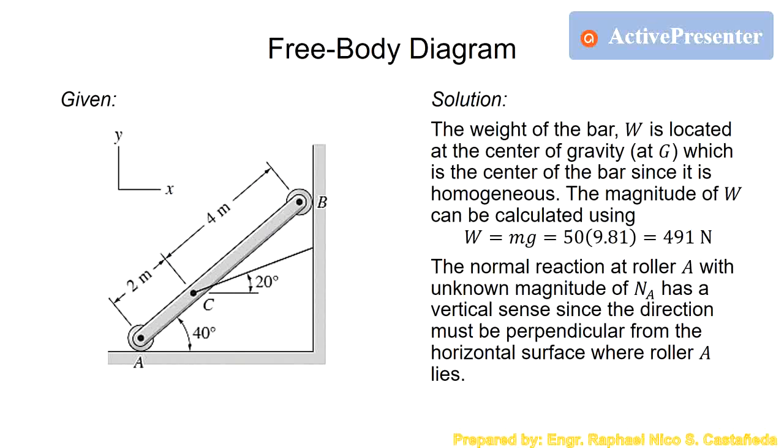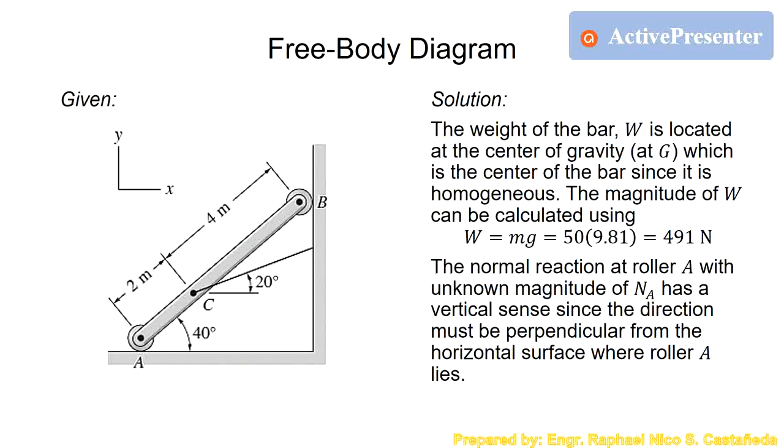To do that, first we calculate the weight of the bar, because the only given is the mass. The weight is simply mass times gravity, so we get 50 kilograms times 9.81 meters per second squared, which is 491 newtons. The weight must act at the center of gravity of the bar.